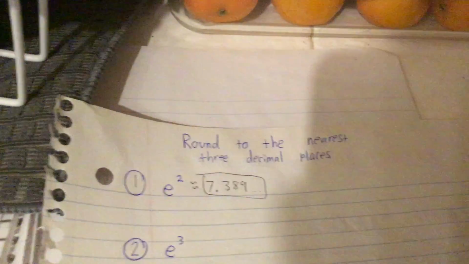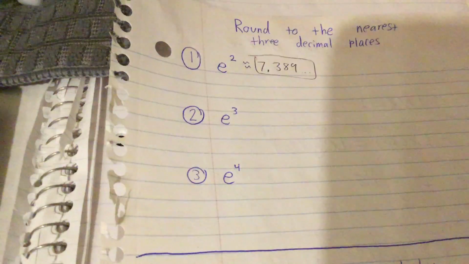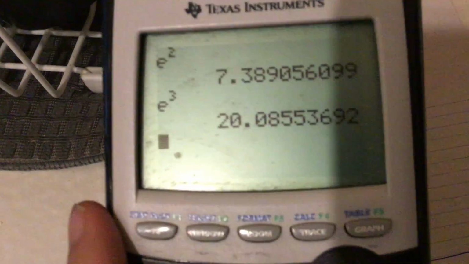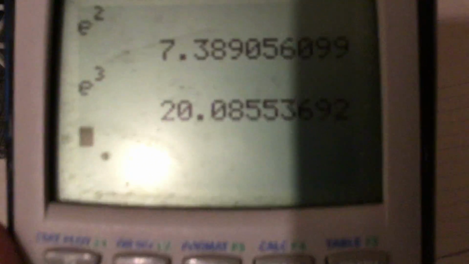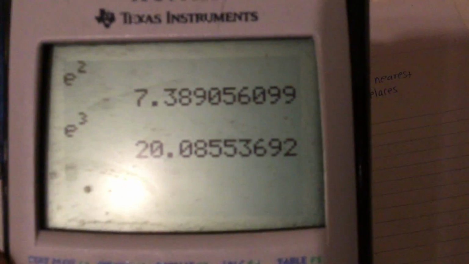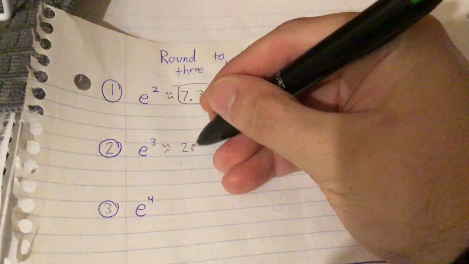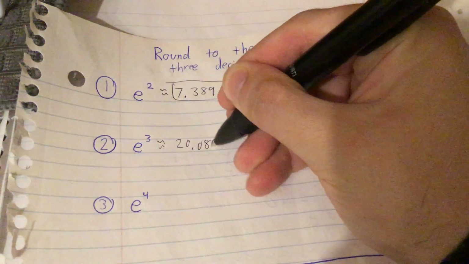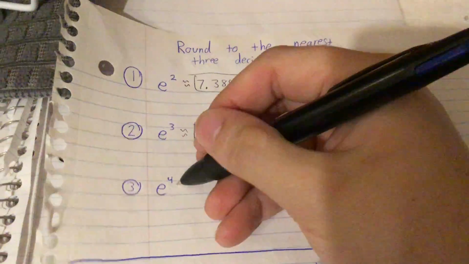So 7.389. So what if I take e to the third power? e to the third power is 20.085. I'm going to round to the nearest third decimal place, so I'm going to make that 20.086. Okay, and finally, e to the fourth power.